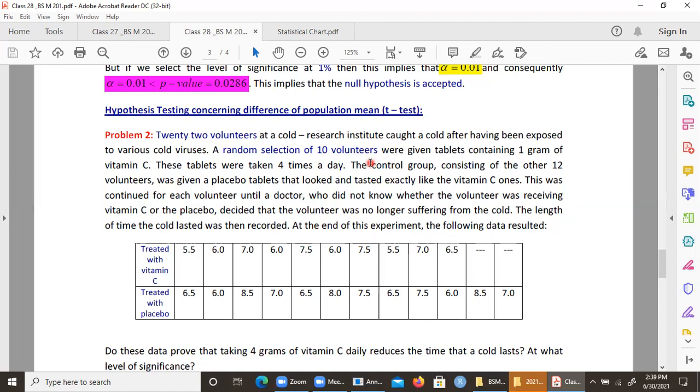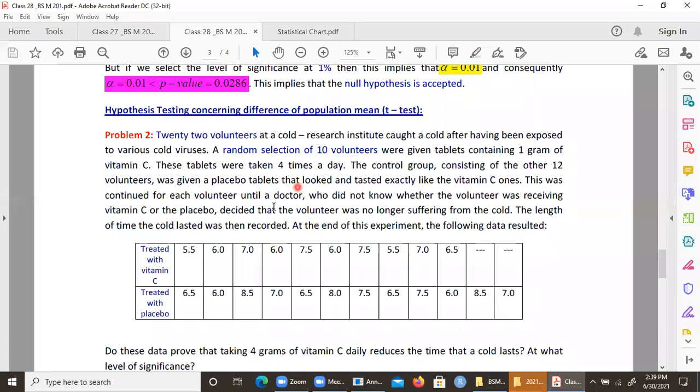Simultaneously you have considered 22 items. You have divided them into two unequal parts, one containing 10 and another containing 12. 10 items are given drug 1, 12 items are given drug 2, but you never know whether they will behave in a similar way or not.